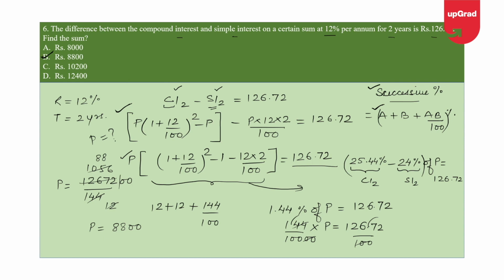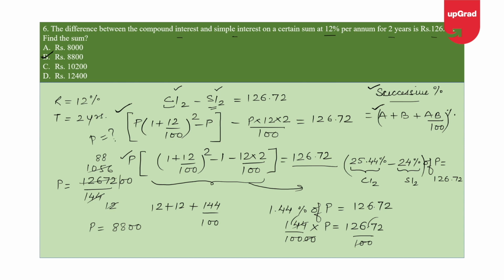So I always recommend to my students that when you're solving a question based on compound interest, you must thoroughly know what successive percentage is all about. In this video, I have discussed the difference between amount, principal and interest, what compound interest is, what simple interest is, the difference between them, the formulas, and the concept of annually, half yearly and quarterly.